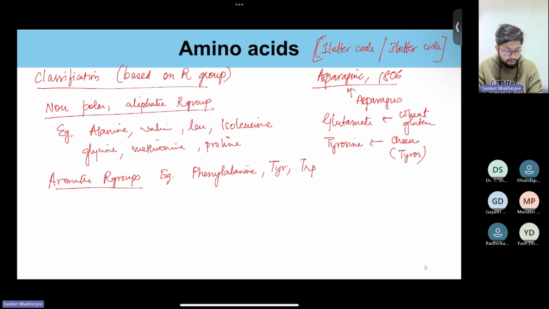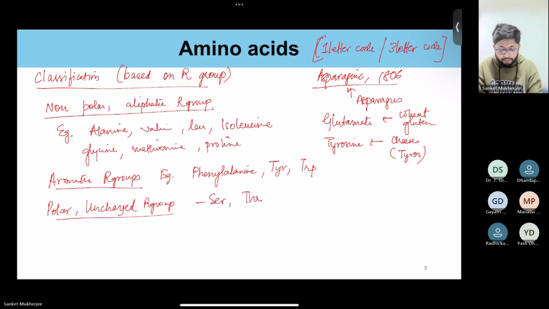There could be a polar uncharged R group. The examples would be serine, threonine, cysteine, asparagine, and glutamine.